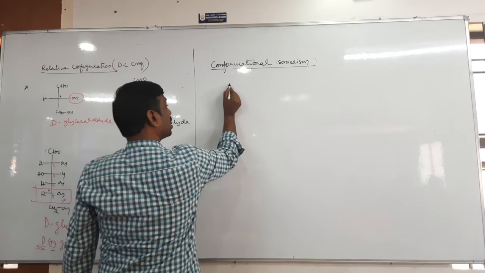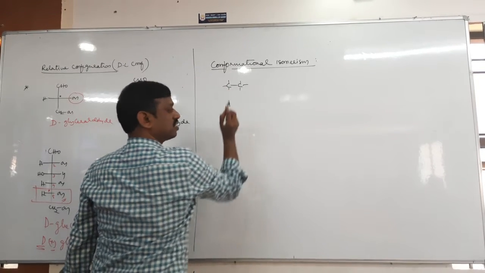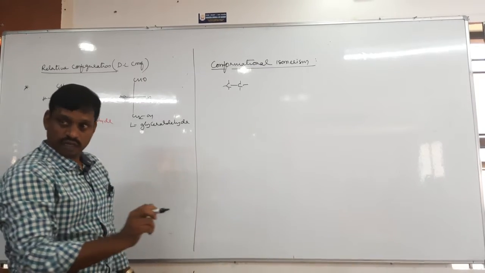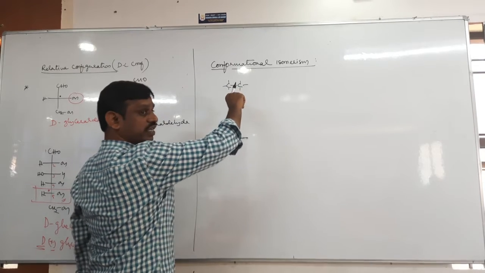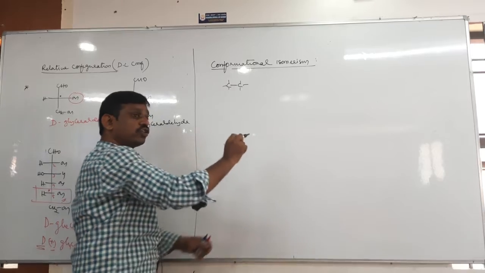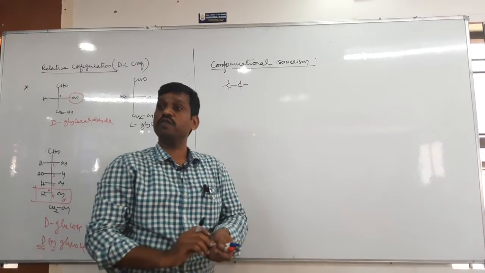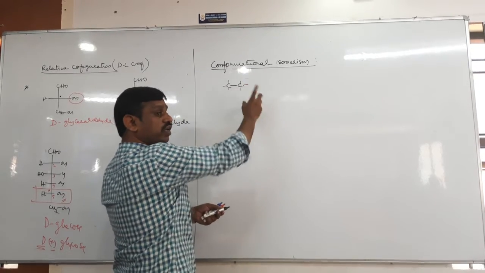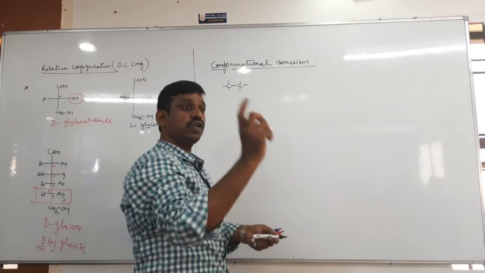Let us take alkanes. All alkanes have carbon-carbon single bonds, and they can freely rotate around them. By rotation of the carbon-carbon single bond, you will get an infinite number of isomers. You rotate in small degrees, 1 degree, 2 degrees, 3 degrees. By rotating a small degree, you will get one new isomer.